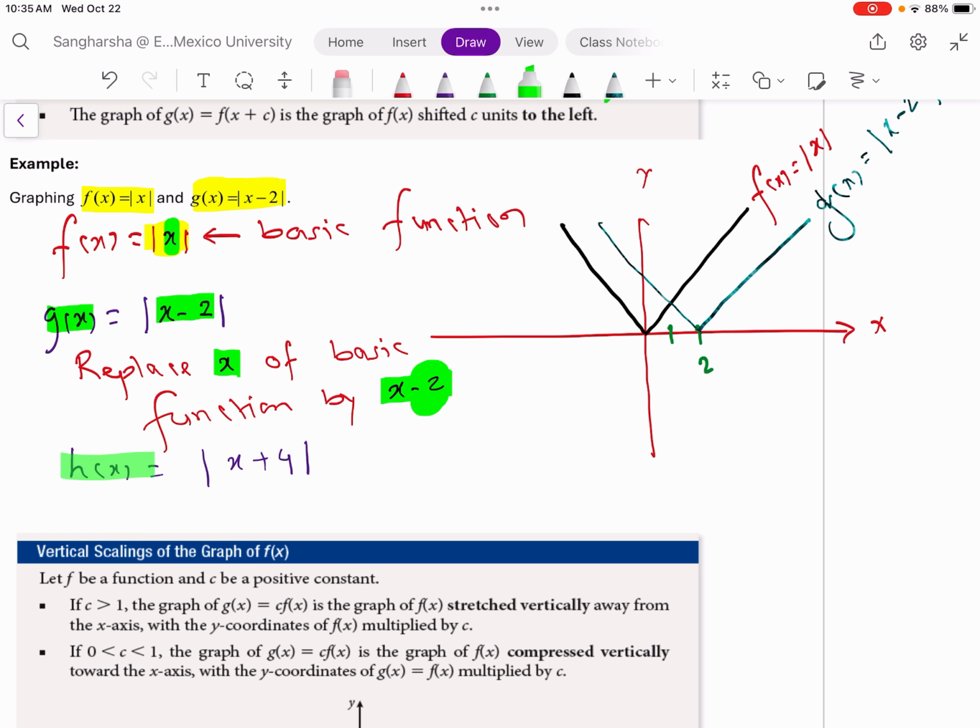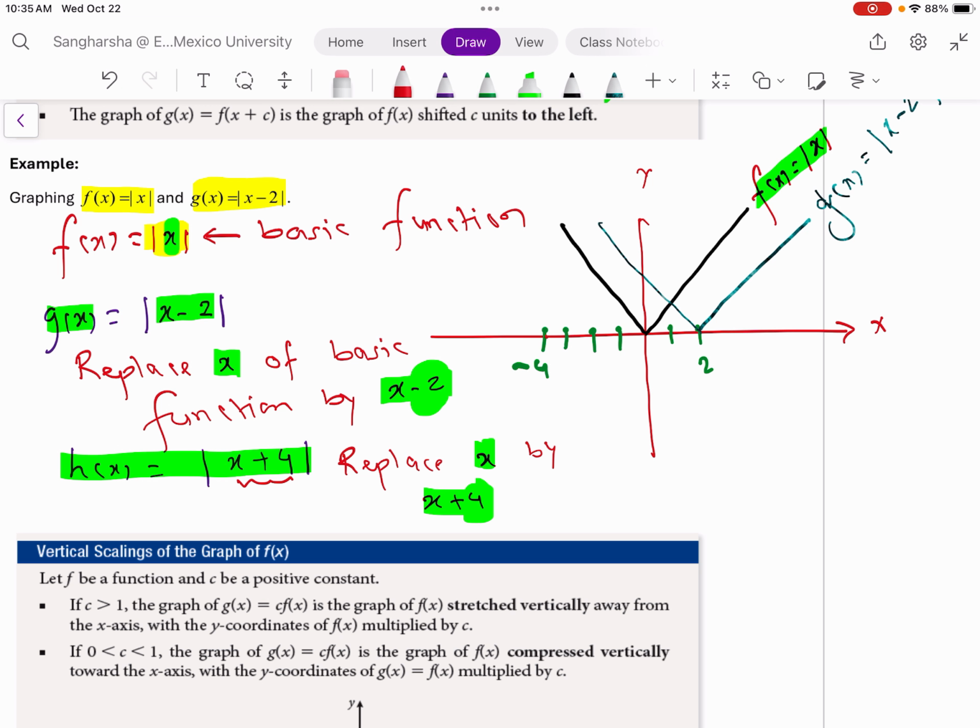Now, to get this function, we have to replace x by x plus 4. Replacing x of a function by x plus 4 means we are moving the same basic function graph on the left by 4 units. Negative 1, negative 2, negative 3, negative 4.